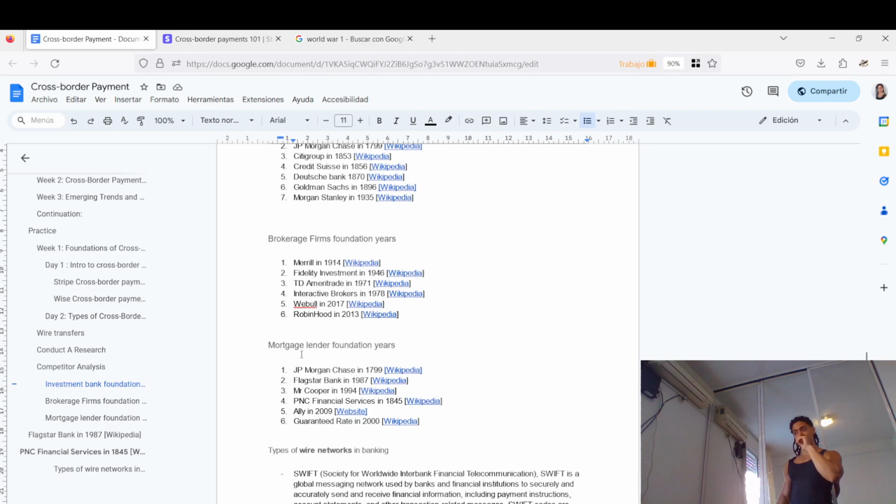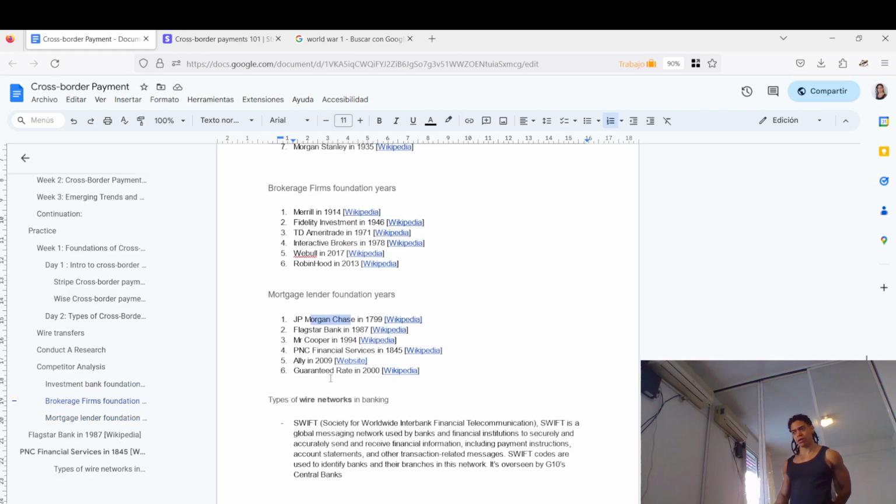And then the mortgage lenders: JP Morgan Chase, Flagstar Bank, Mr. Cooper, PNC Financial Services, Ally, Guaranteed Rate.